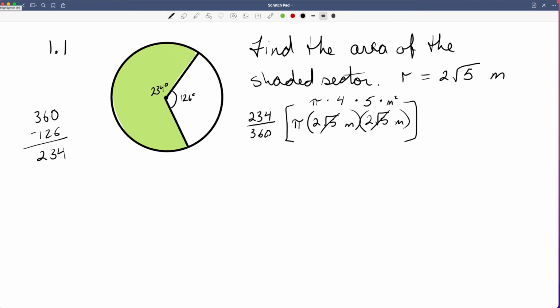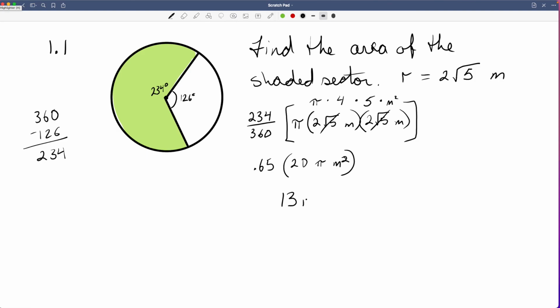234 divided by 360 is going to be 0.65. And this is going to be 20 pi meters squared. So 65% of 20 pi meters squared. 0.65 times 20 gives me 13.